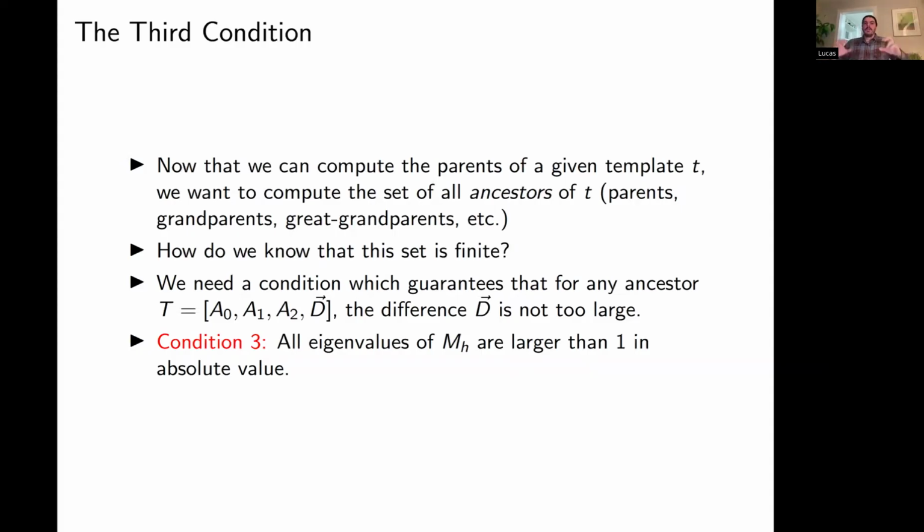So if you start with a big difference, it's going to get worse. Basically, this condition ensures that there's only finitely many possible vectors that big D could take on if it's an ancestor of a fixed template.